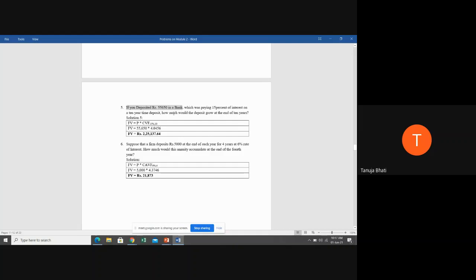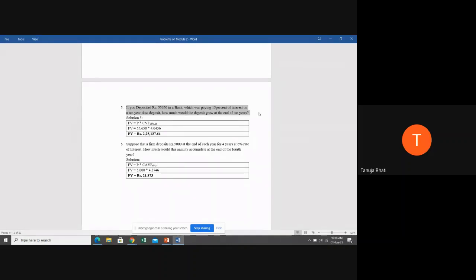No. So here 55,650 is deposited only once. So it comes under which category, students? Ma'am, single cash flow. Very good. So you have to calculate future value of a single cash flow.